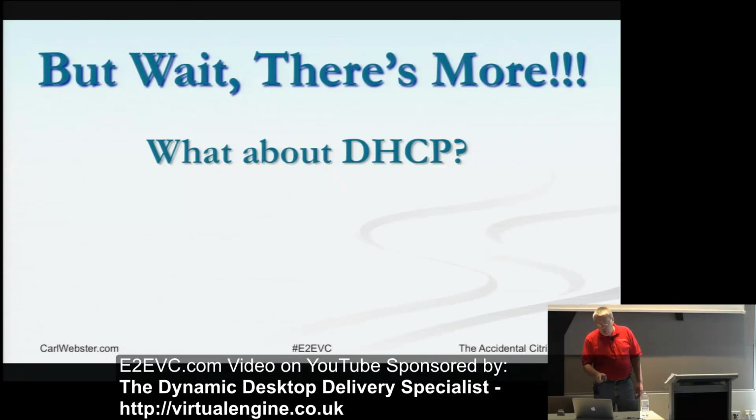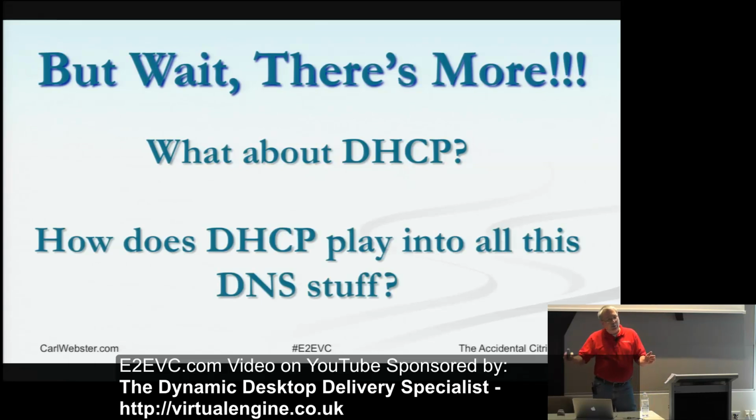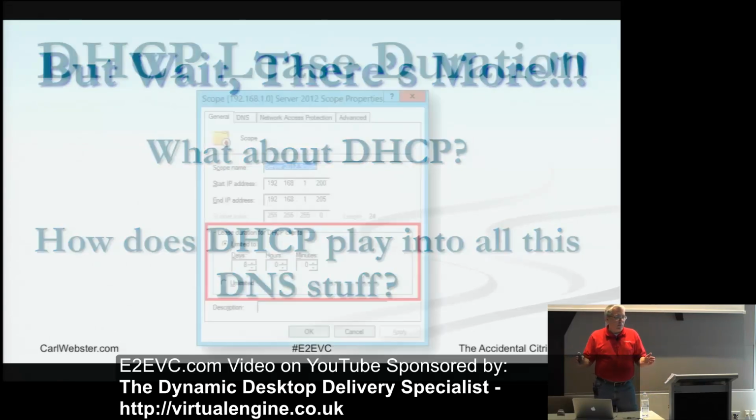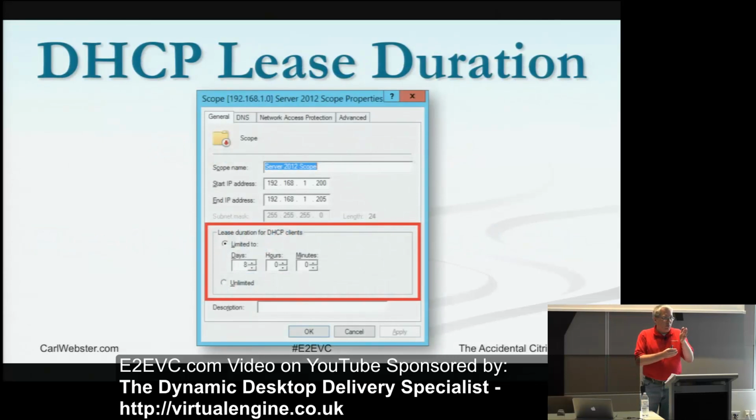So if you use the default 8-day lease duration, your no-refresh interval and your refresh interval should be greater than the first DHCP lease renewal interval and less than your DHCP lease duration. So those intervals should be set to more than 4, less than 8. In other words, 5, 6, or 7. If you leave them at the default of 7, you're allowing DHCP to go through its complete renewal process for the 4 days and the 7 days.